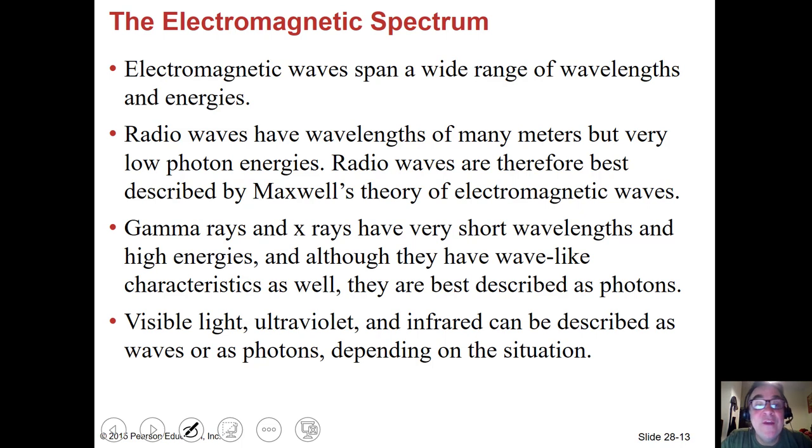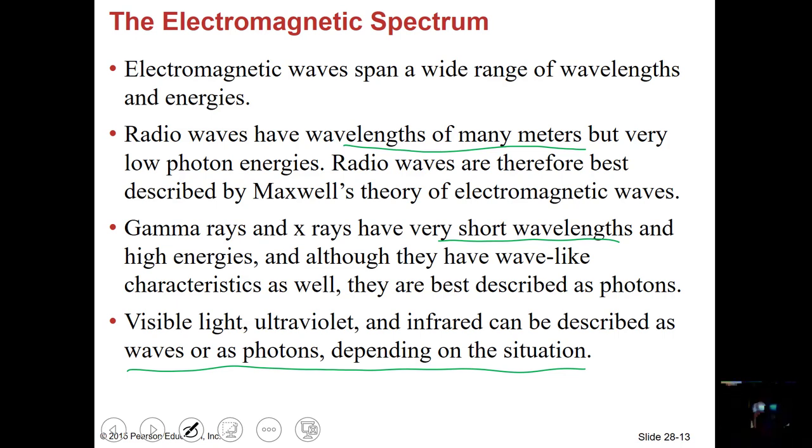Radio waves have wavelengths of many meters but very low energy photons. Gamma rays and X-rays have very short wavelengths, so the smaller the wavelength, the bigger the energy. Visible light, ultraviolet, and infrared can be described as waves or photons, depending on what they're interacting with.